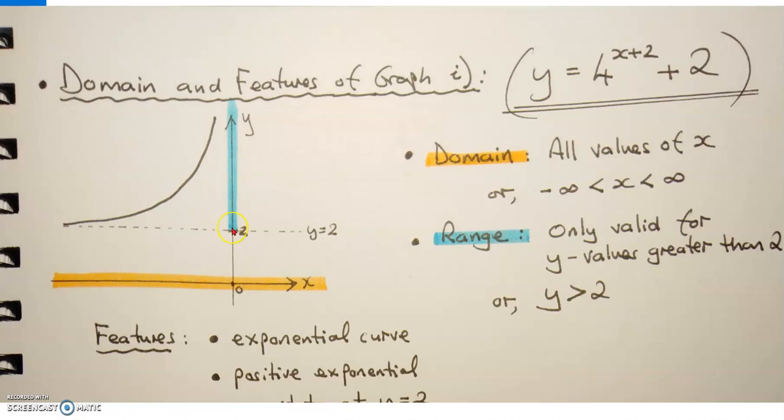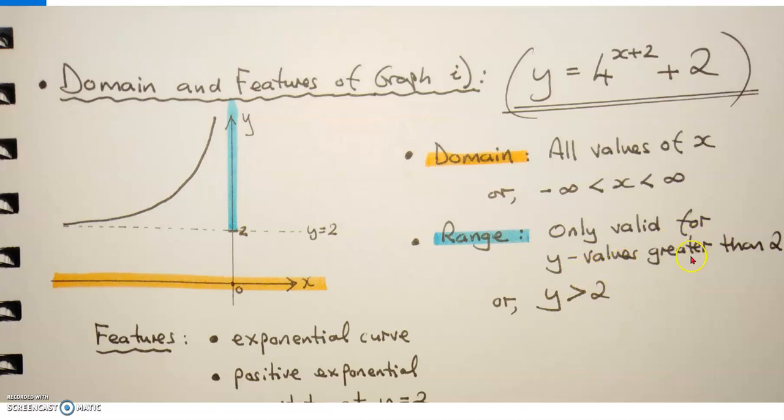Well, it only starts above the asymptote. The graph can never come below this dotted asymptote line here. So it only exists for y values which are above 2. And that's what we write like that.